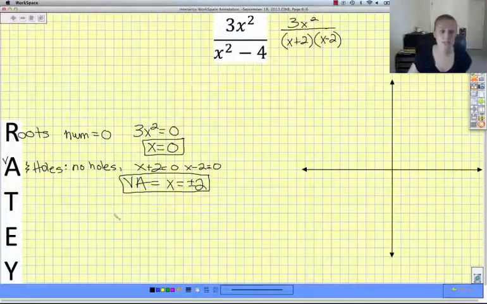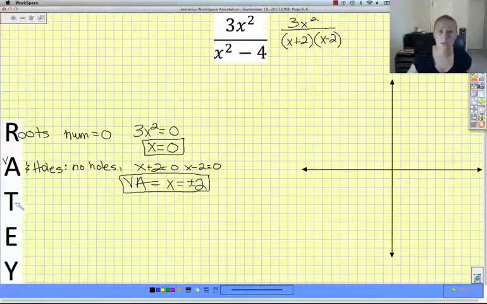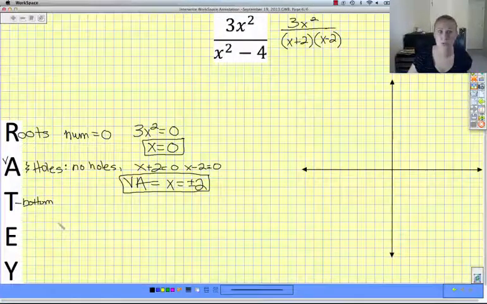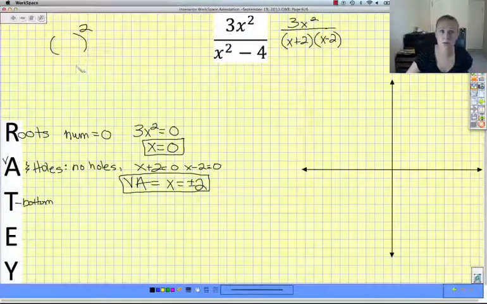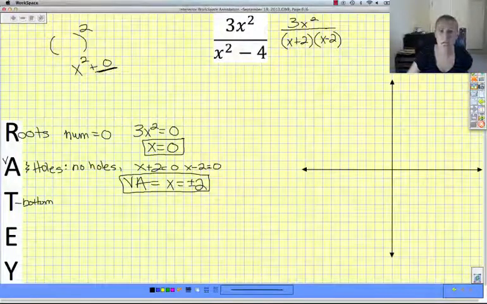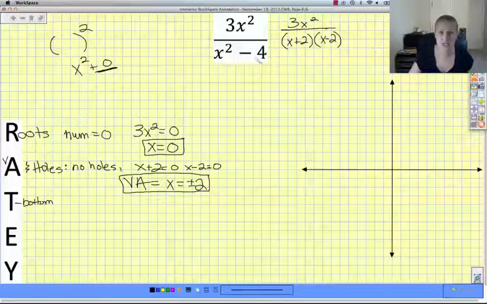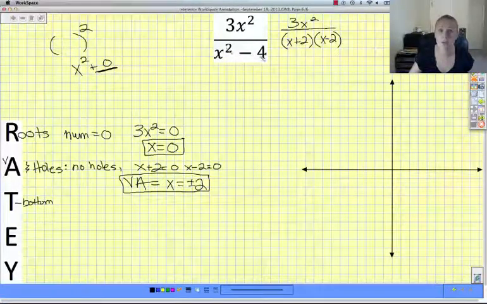The next one is tangency. Now for tangency, the only thing we care about is the bottom, or the denominator. We're looking for special squared terms. So we're looking for something that is all squared, or something that is squared and has nothing else out here. In our case, we don't have any special squared terms on the denominator because we have x squared minus 4.